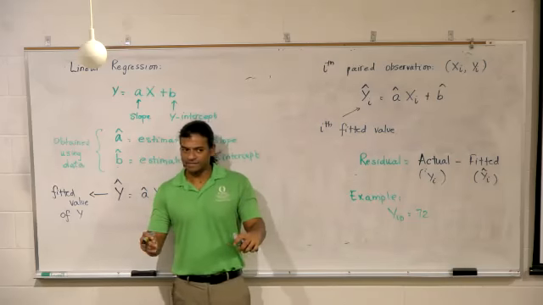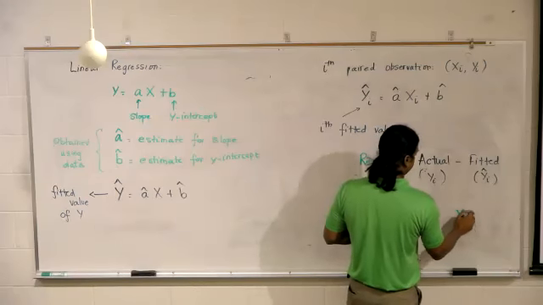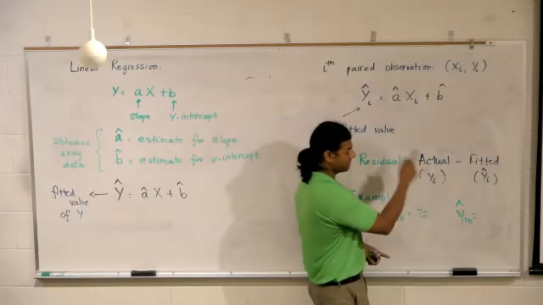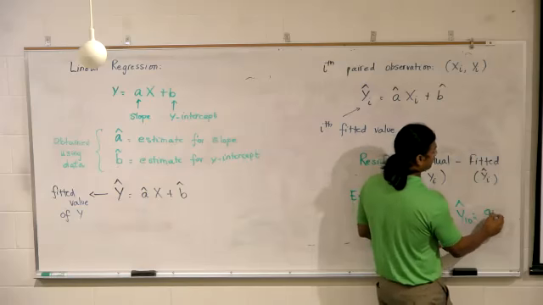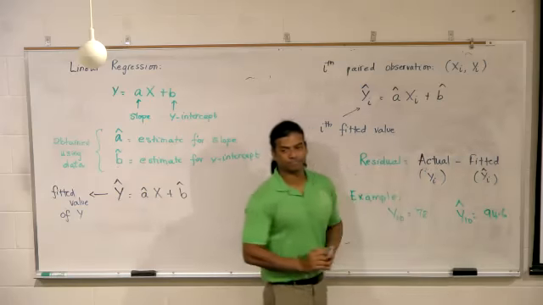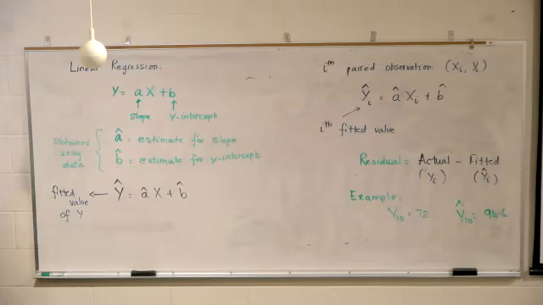I used the data, I got an equation, I put in an x value. Whatever my line of best fit gives is, say, 94.6. It is pretty far from the actual value, correct?